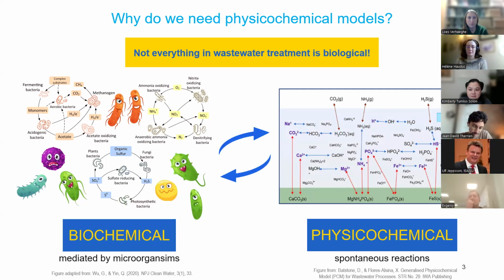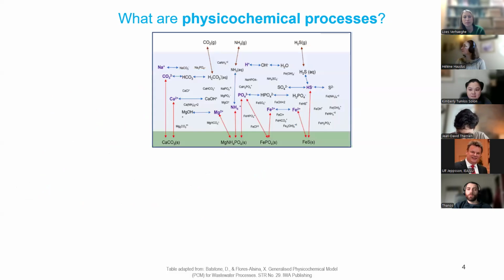And critically, these 2 kinds of reactions, biochemical and physical-chemical, are actually interacting. Biochemistry produces the compounds, and the physical chemistry determines the speciation of these compounds and their fate. So if we only model the biochemical reactions, we actually miss half of the story. That's why we are here today, to understand how to model this physical-chemical side.